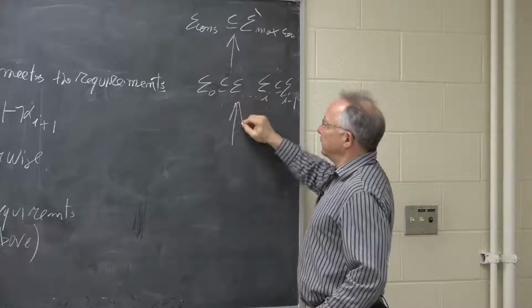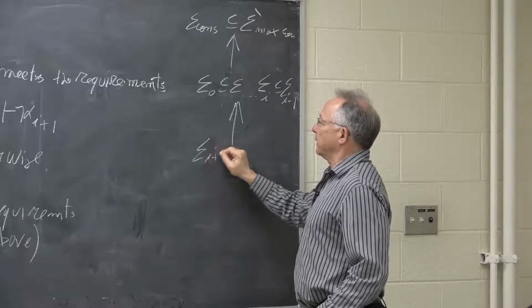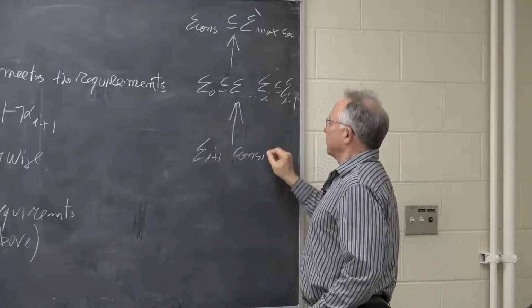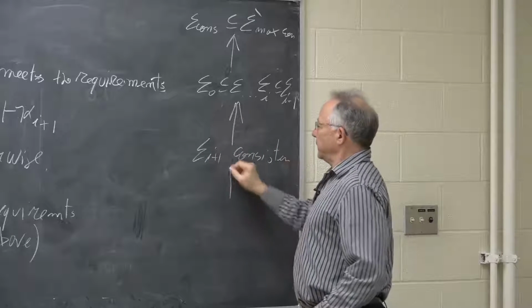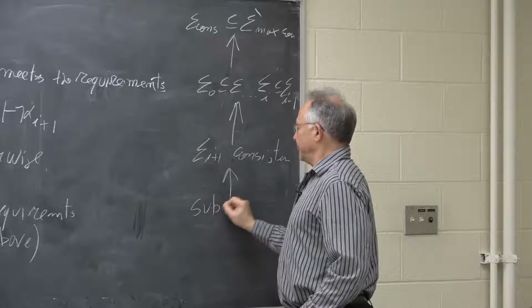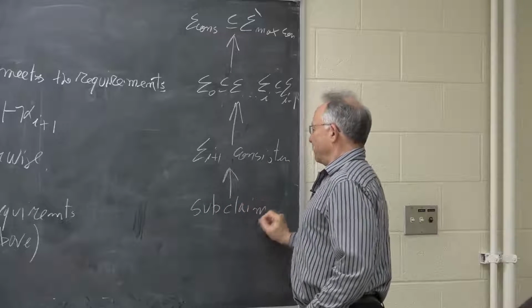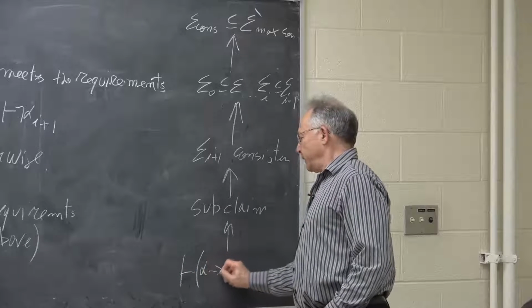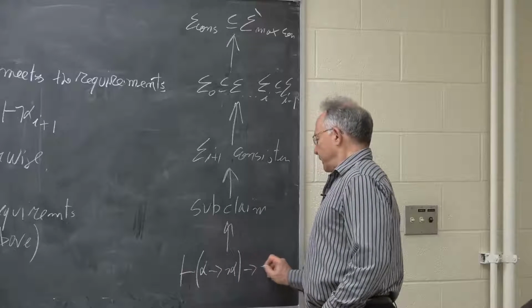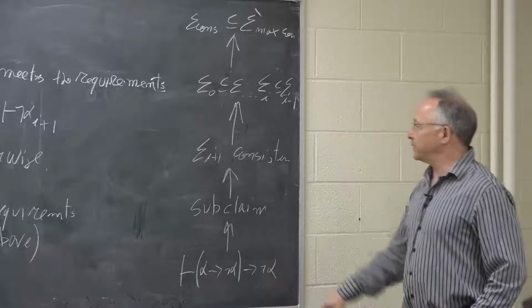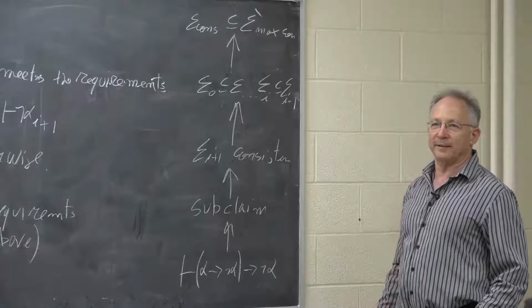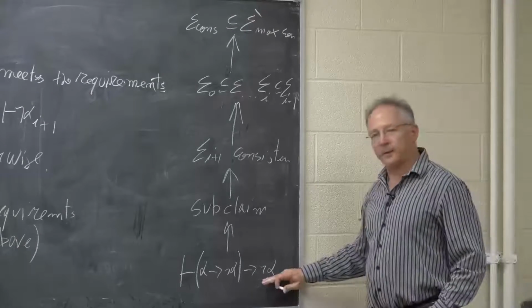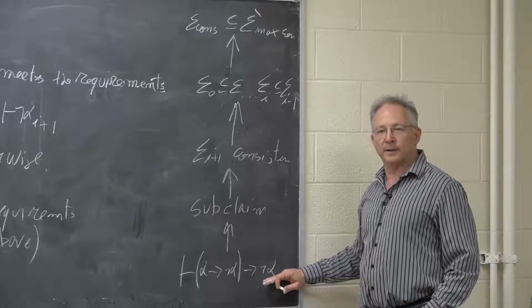To do this, we needed to show that sigma I plus 1 is consistent. To do this, we needed the subclaim. And to prove the subclaim, we needed this statement that alpha errors not alpha, errors not alpha. So there's a long chain of reasoning here. And this is the only step that I didn't show, because this needs a formal proof.